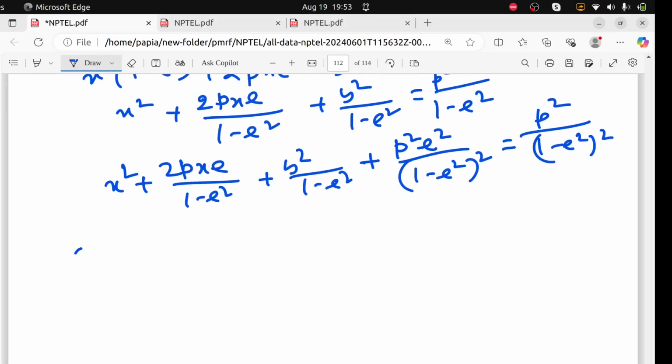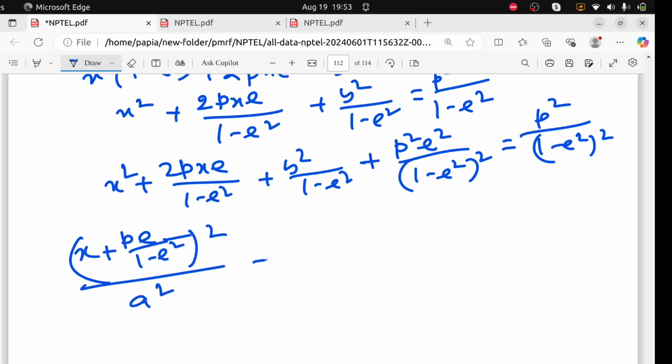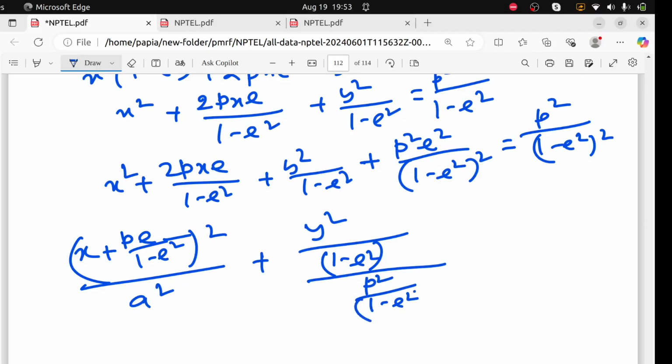So the answer is x plus pe by 1 minus e square whole square divided by... plus y square by 1 minus e square by p square by 1 minus e square whole square is equal to 1.